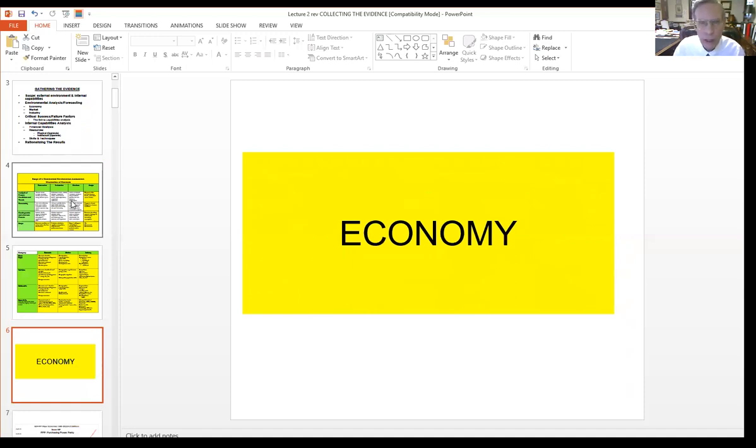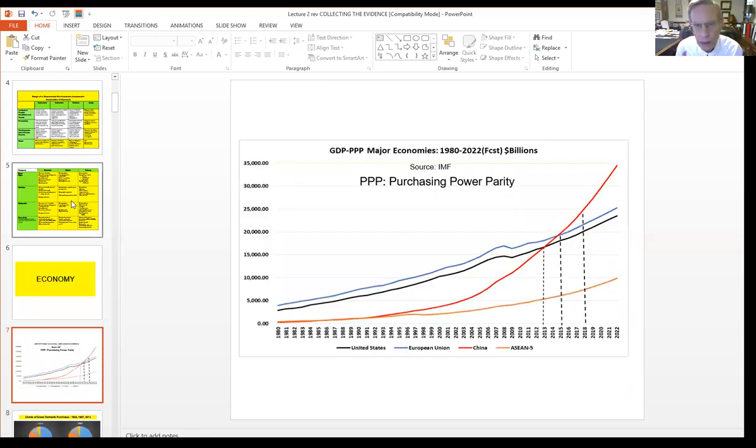So we'll start talking about the economy now. And here's a slide that is extremely important. And it contains economic trends and forecasts for countries or groups of countries. And it's done using something called purchasing power parity.